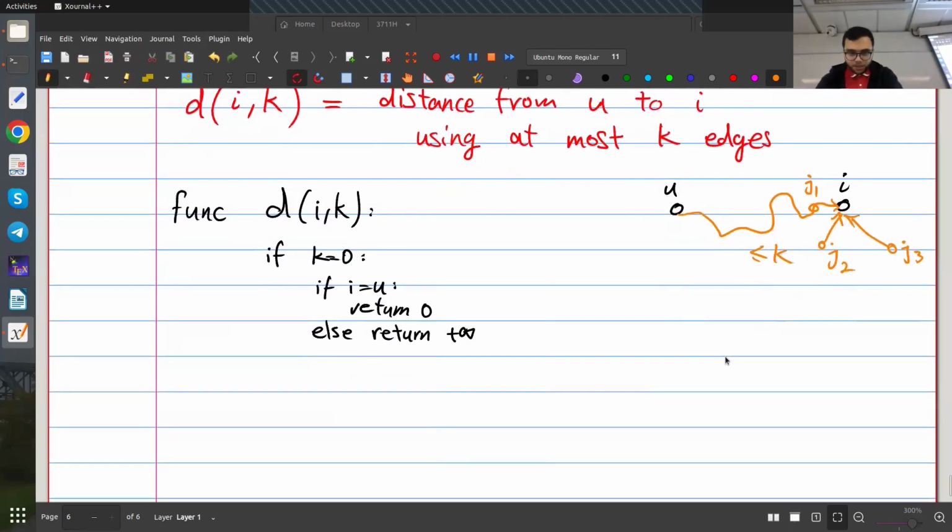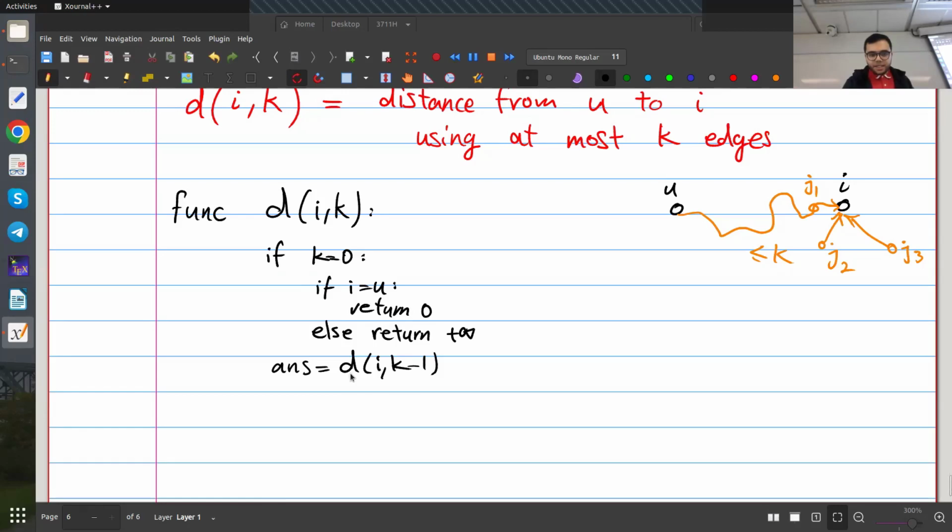Okay, so very simply, first of all, I'm going to say my answer is just d of i, k minus 1, right? Because if I ask you what is the smallest total cost to reach vertex I in at most k steps, and if you already know the answer for k minus 1 steps, your answer cannot get bigger if I give you more steps, right? So I'm going to start from this.